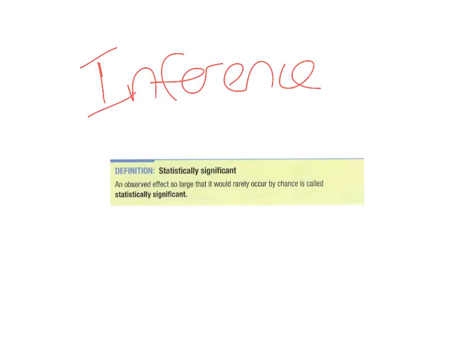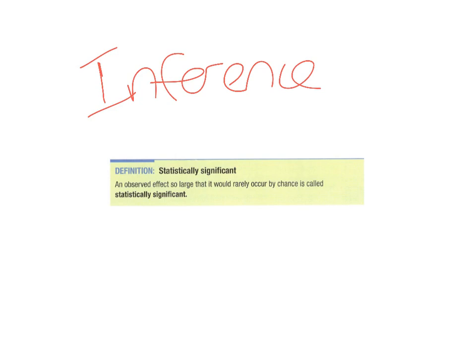Okay, so let's talk a little bit about what we can infer from our experiments. One of the terms that you'll hear kind of thrown around loosely, and I will admit we throw it around loosely some in biology, is the term statistically significant. So when we're doing inference about these experiments, and we're trying to draw conclusions, in an experiment in particular, we're trying to show cause and effect.